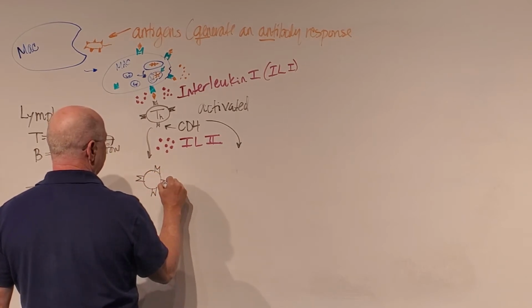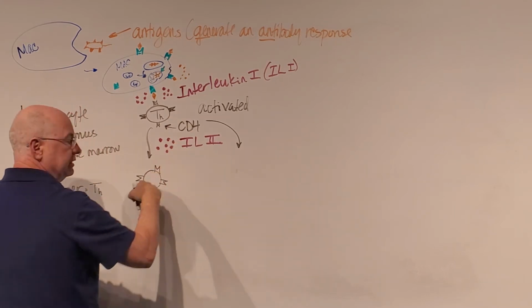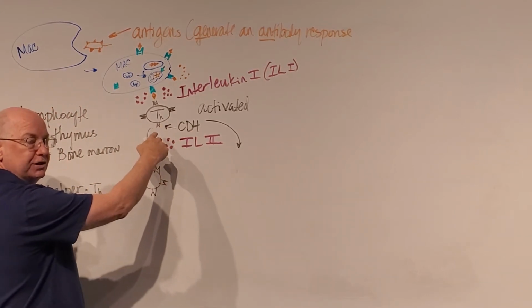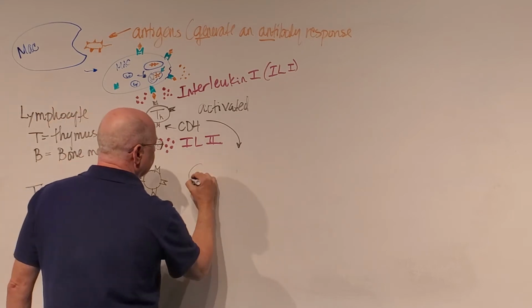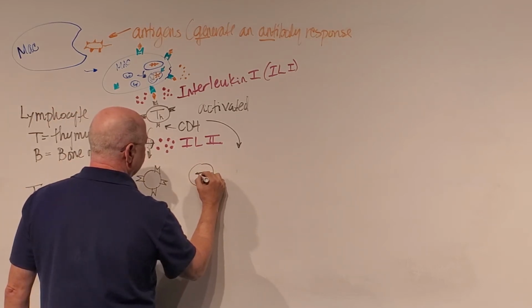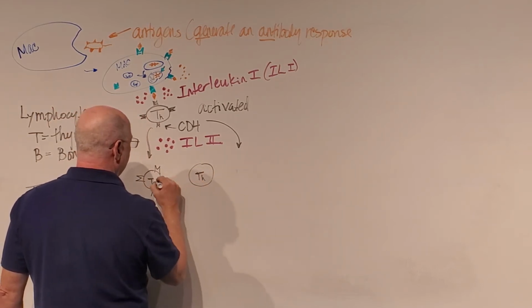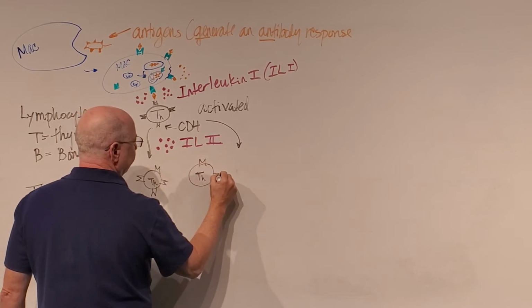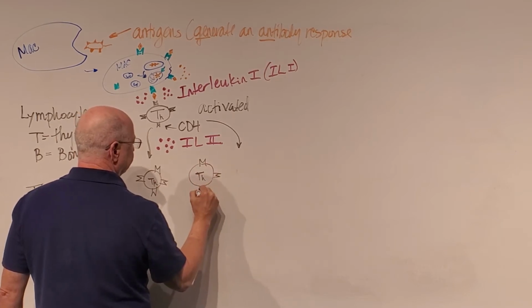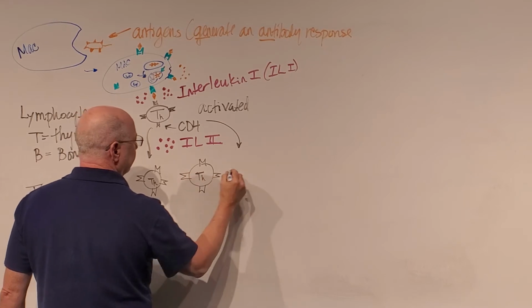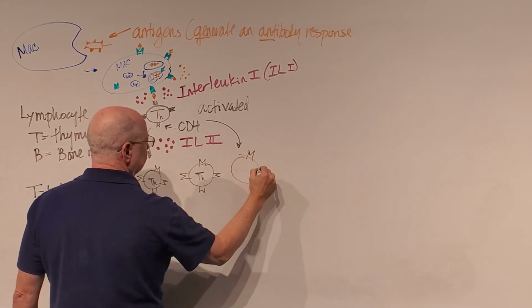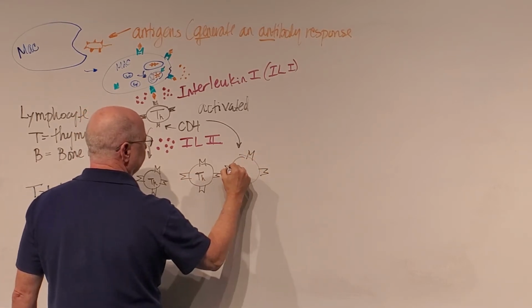Because their genetic makeup is for this specific CD4 molecule, I can get tons of these T helper cells that are all going to have these CD4 molecules that are specific for a specific antigen.